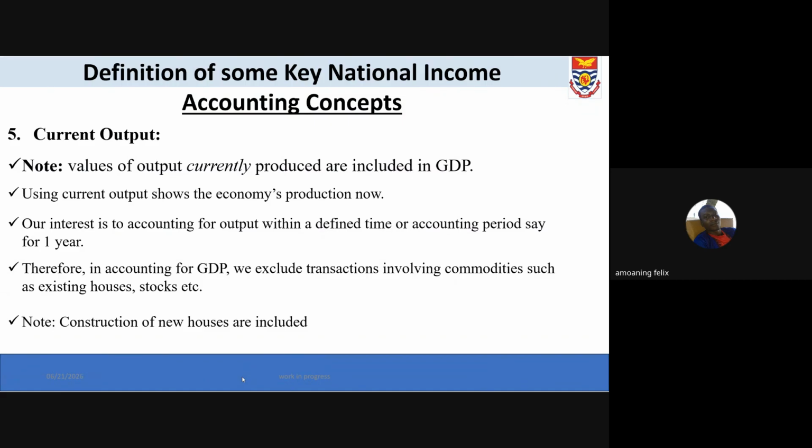That has been our interest. So therefore, in accounting for GDP, we exclude transactions involving commodities, such as existing houses or stock that were done. Existing houses that are still existing, we don't consider them. Construction of new houses that were constructed within the year is what we try to consider.